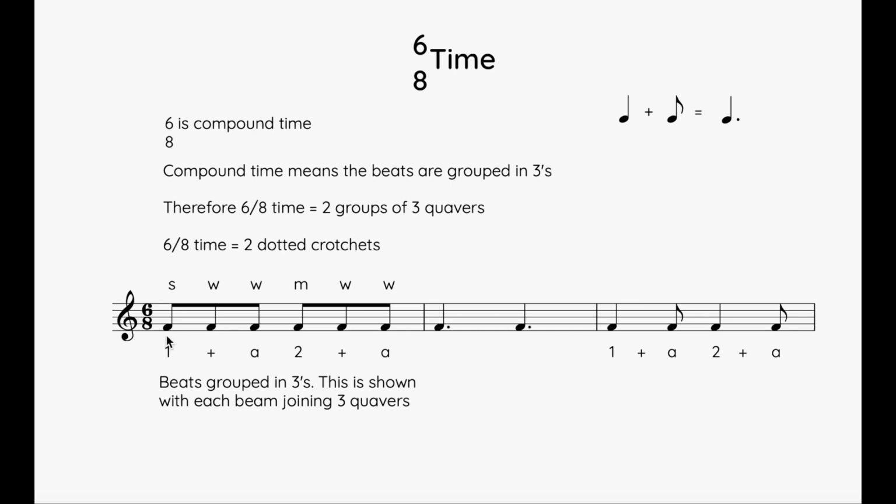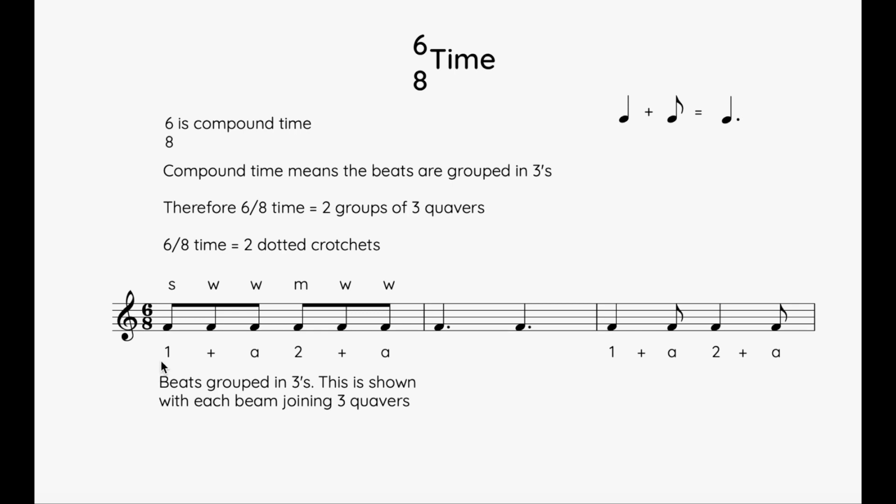Imagine if they conducted the quavers. Imagine if they had to wave their arms for the 6 quavers and the music was really fast. So they were going 1, 2, 3, 4, 5, 6, 1, 2, 3, 4, 5, 6. If you had to wave your arms for all of those quavers, the musicians would get completely confused and you would never know how to follow the beat properly.